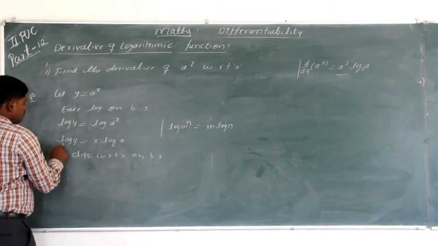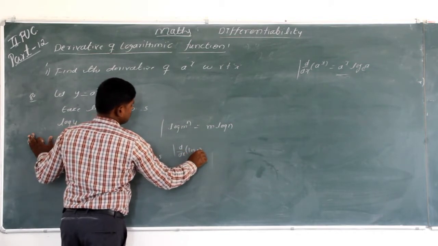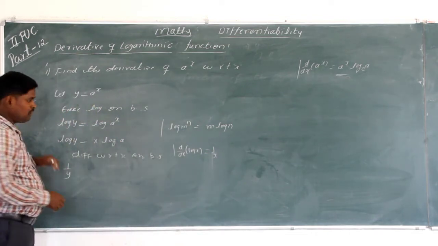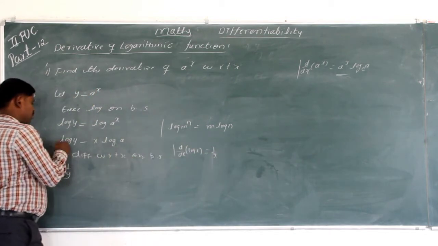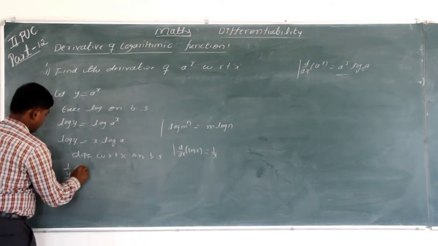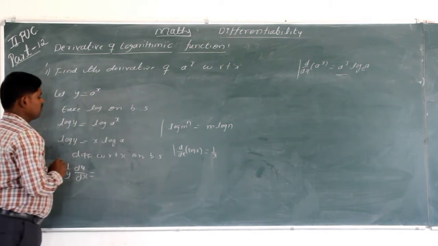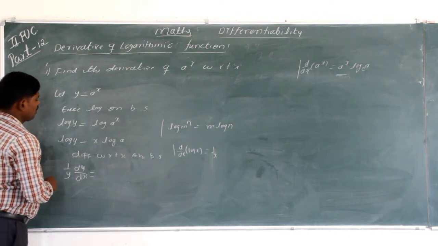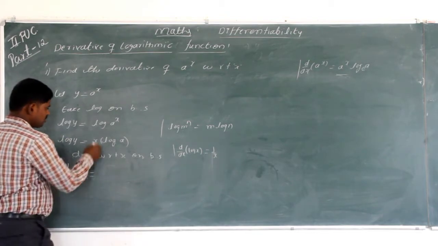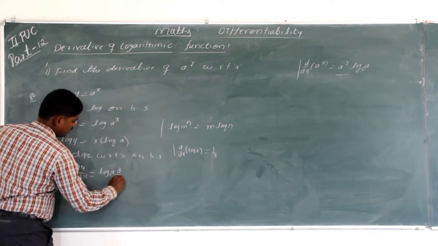The derivative of log x is 1 by x, but the derivative of log y is 1 by y into dy by dx, by the chain rule. This is equal to, since log a base e is a constant, we write it outside: log a base e into d by dx of x.